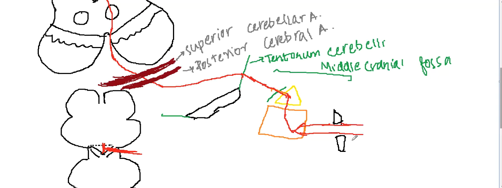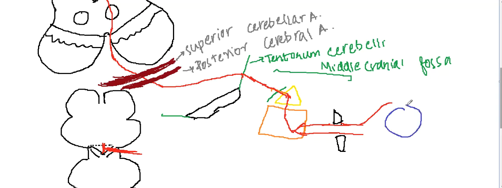So in the orbit, the smaller upper division will pass above the optic nerve on the inner surface of the superior rectus. So this will supply the superior rectus. Let me just draw an eyeball so that it becomes easier.